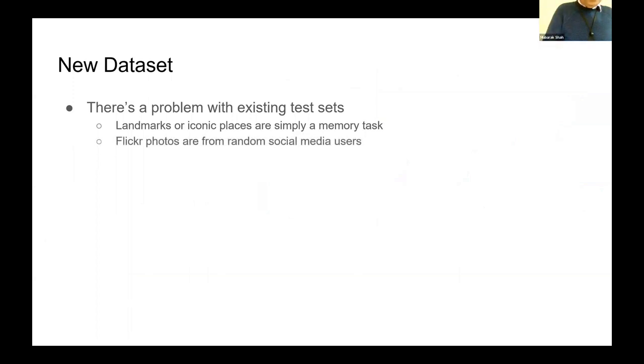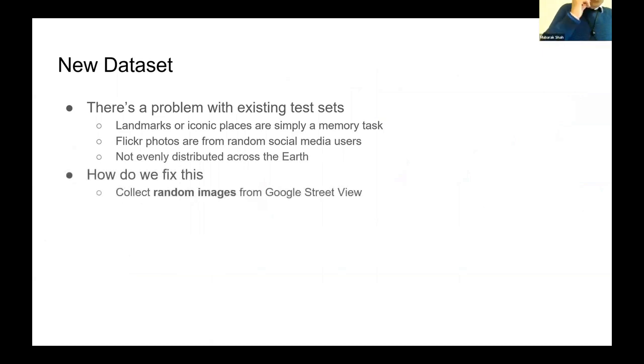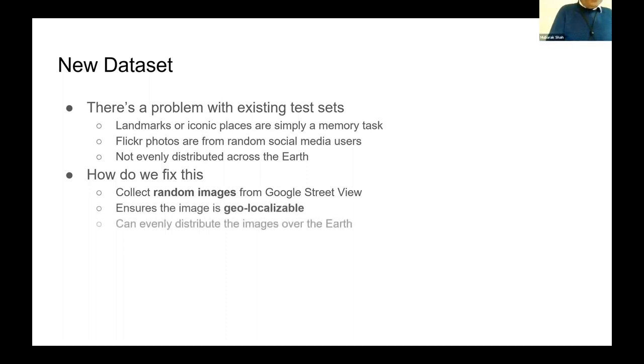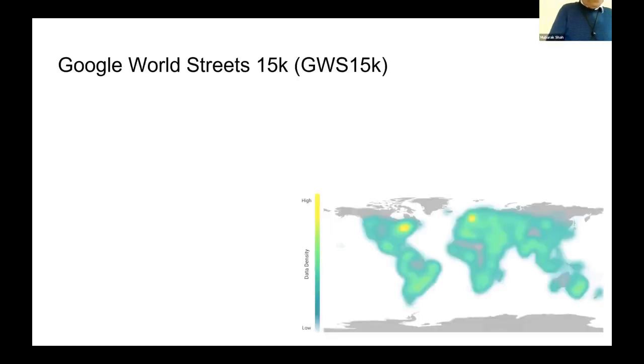Also, these Flickr images are taken from random locations, and it's not really uniformly distributed. So that's a problem. In order to fix this, we collected random images from Google Street View, and we want to make sure that they are geolocalizable and can be distributed all over the earth.